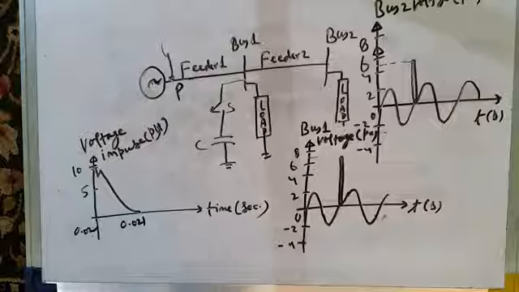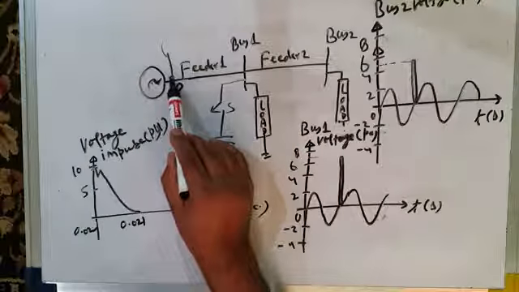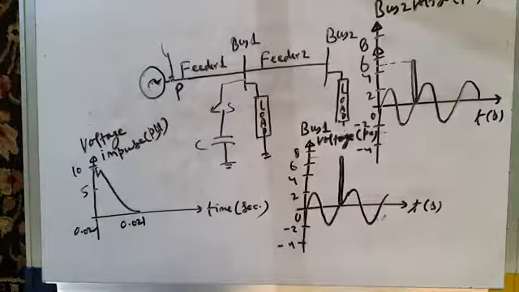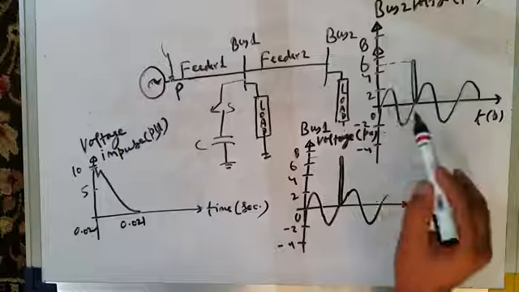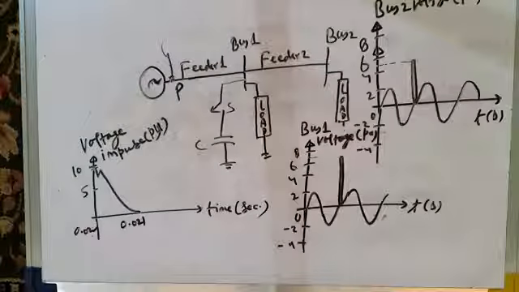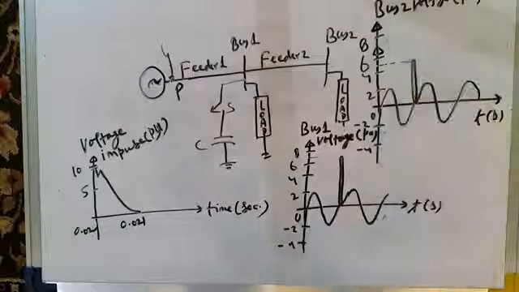So therefore, the effect of this lightning strike, as you go away from this point, it has less and less effect. If you would have another bus, say bus 3, at bus 3 also you would have found impulsive transient, but its amplitude would have been even less than this.